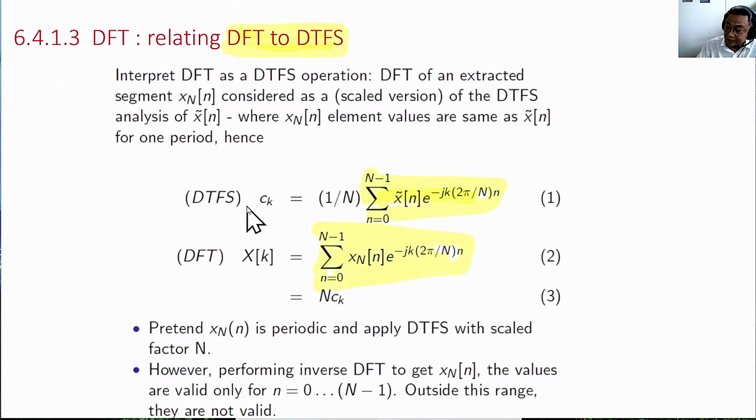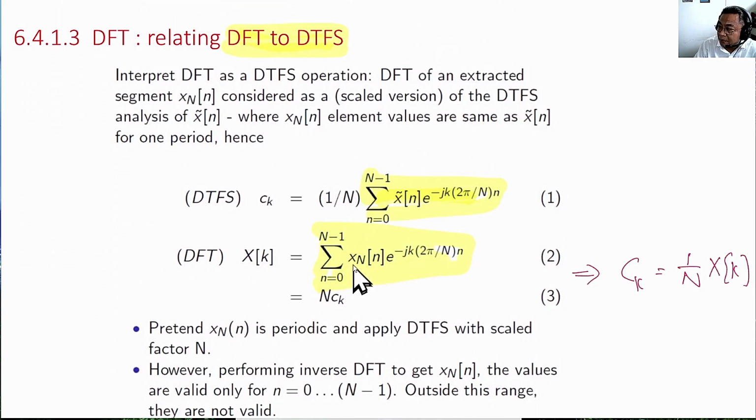The only difference is in DTFS, 1 over N is here. There's no 1 over N for the DFT in the analysis equation. But if we calculate this ck, then we can say Xk equals N ck, therefore implying that ck equals 1 over N Xk. Right? So that's the idea.